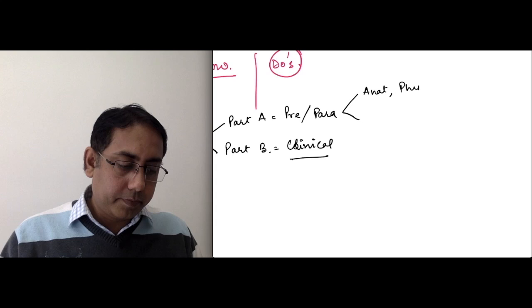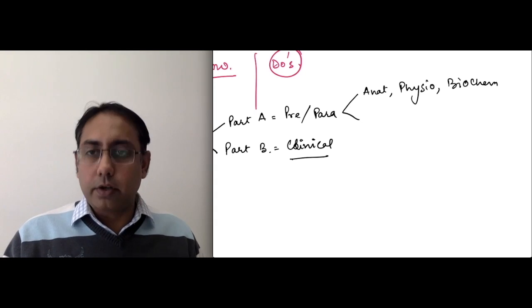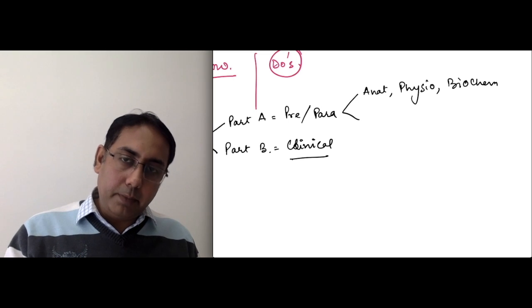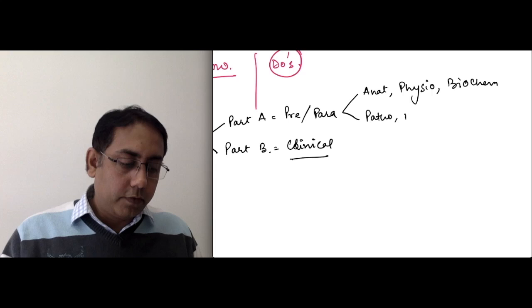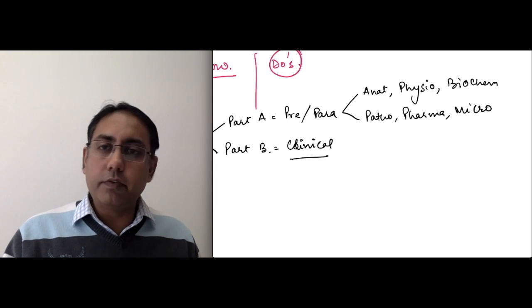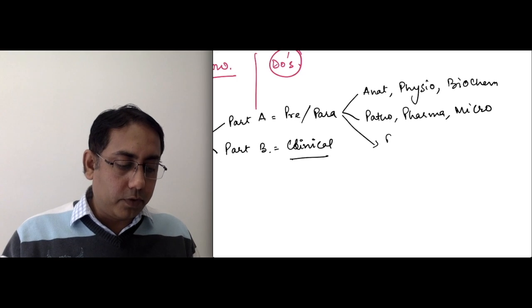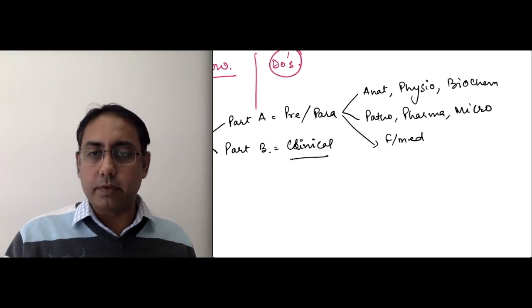So the pre and para subjects would be something like anatomy, physiology, and biochemistry from the first year of MBBS. And in pre-para, that is part A, you also have patho, pharma, and micro from the second year of MBBS, and you also have forensic medicine from the third year of MBBS.